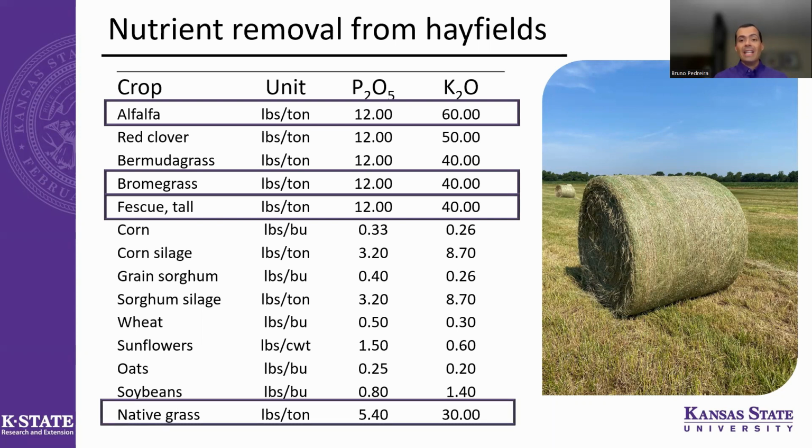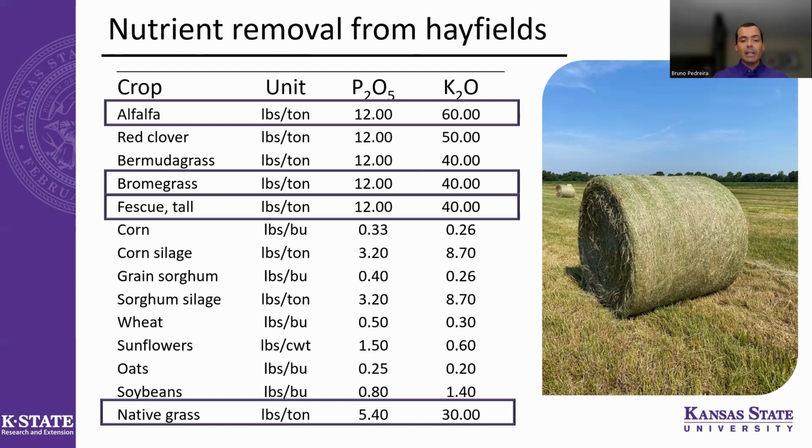And even with our native grasses, some of the varieties we have, most of us will say something like, well, those natives, we don't care too much because we are not removing that much. Yes, we are removing from them as well. And we are expecting removals around 5.4 pounds per ton of phosphorus and 30 pounds per ton of potash.